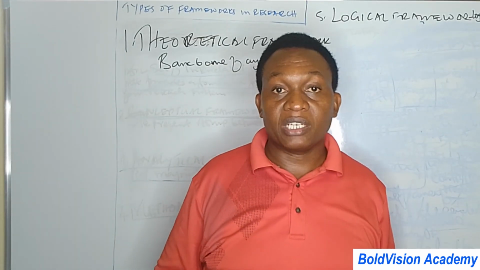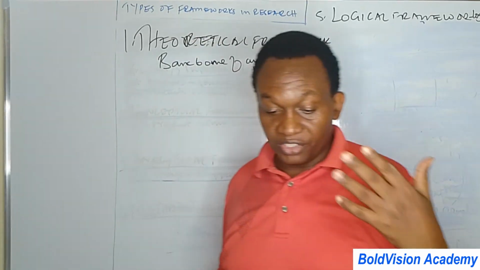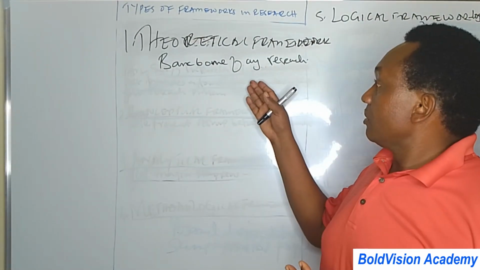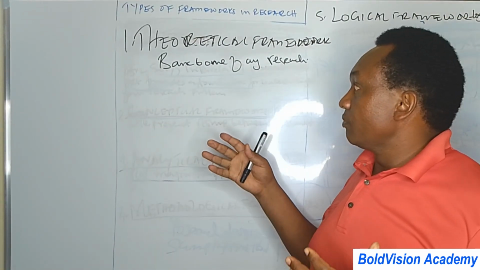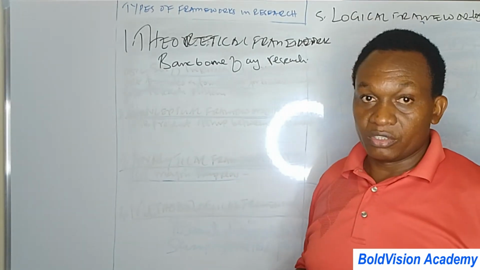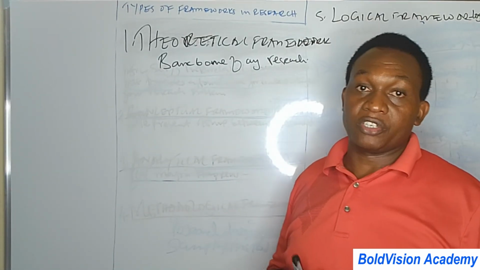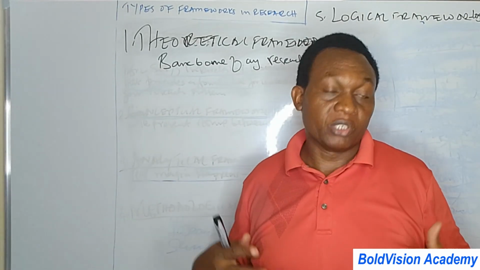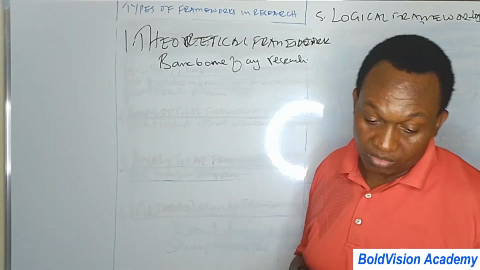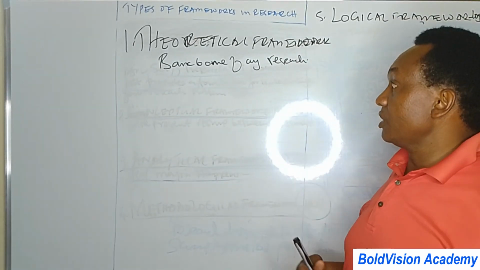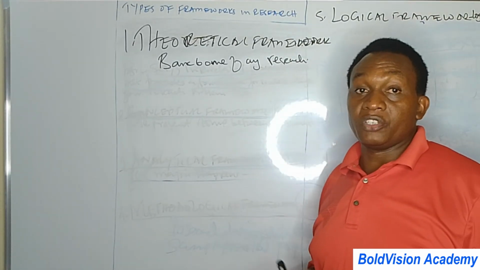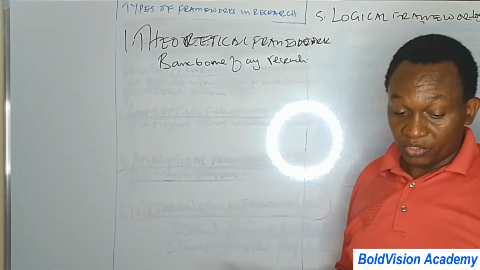It is important because this is where we lay the foundation of your research. Every research must be laid on a foundation, and the theory is the backbone that supports it and explains why you are doing it.